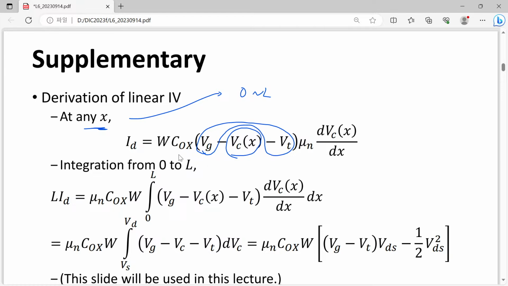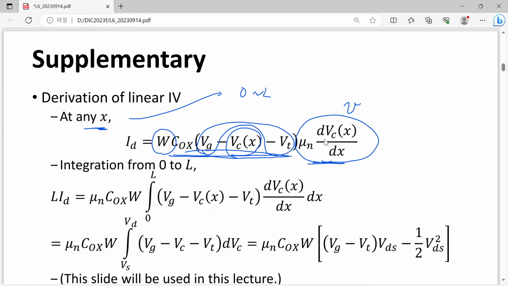That determines the number of charges collected underneath the gate oxide. There you have to multiply W to consider the width of your transistor, and this was the velocity, according to your drift operation.